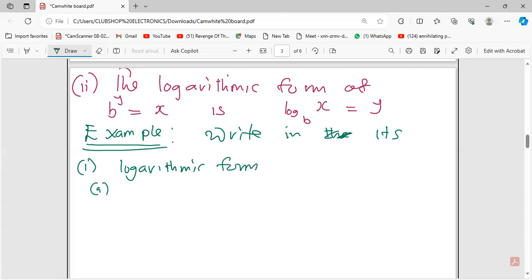A, 3 to the power 2 is equal to 9. B, x to the power 3 is equal to 10. And C, 2 to the power negative 2 is equal to 1 over 4.